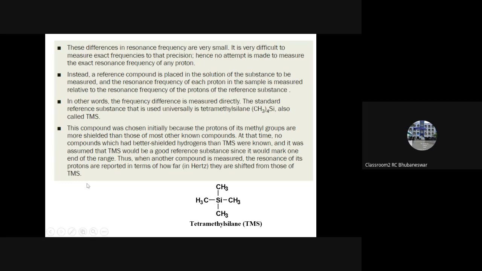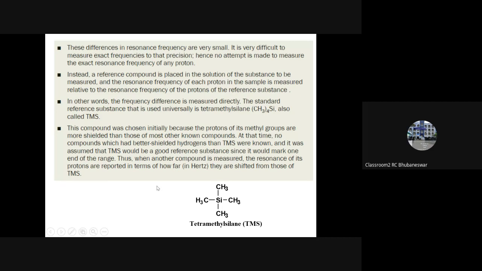This compound was chosen initially because the protons of its methyl groups are more shielded than those of most other known compounds. I'll show you the plot also, where the TMS peak comes.